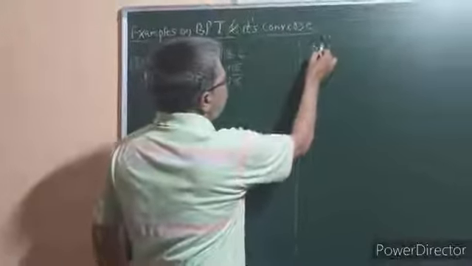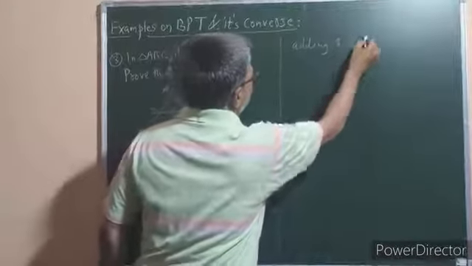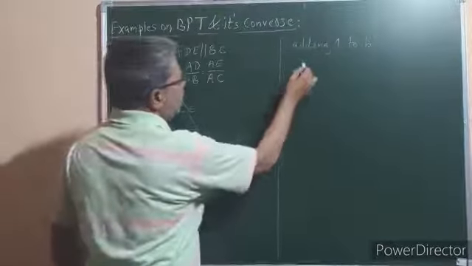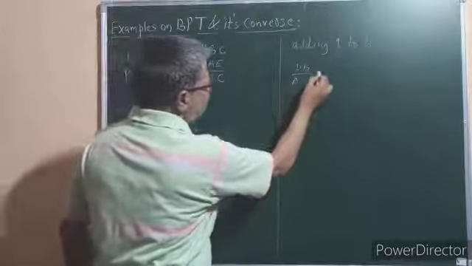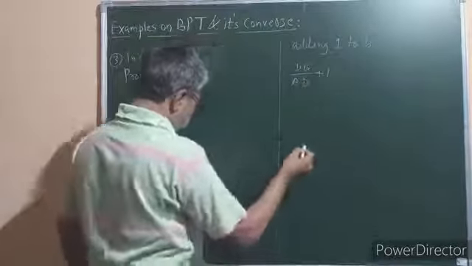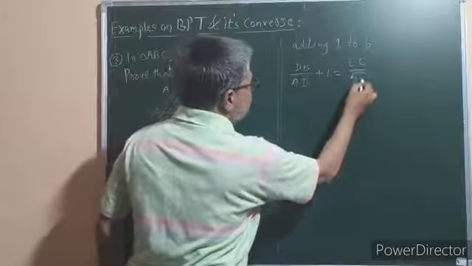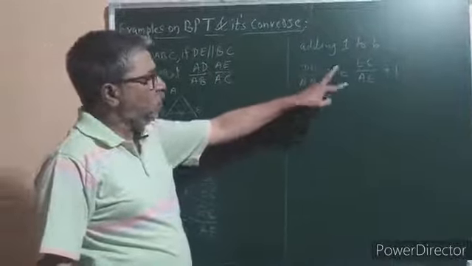So I will write here, adding 1 to both sides. DB upon AD plus 1 is equaling to EC upon AE plus 1. So we have added 1 to both sides.